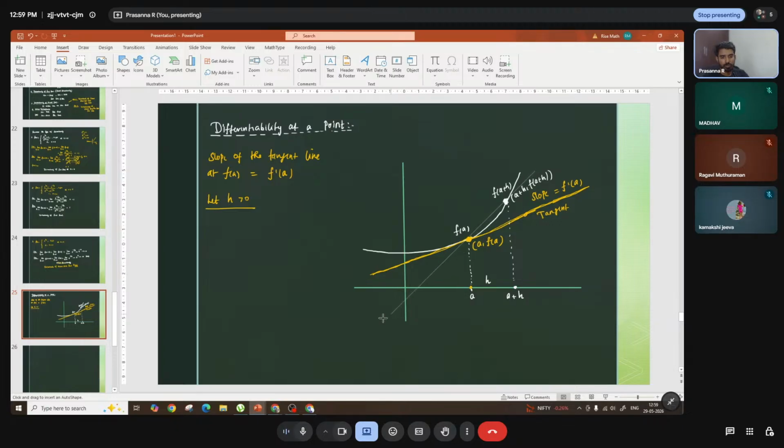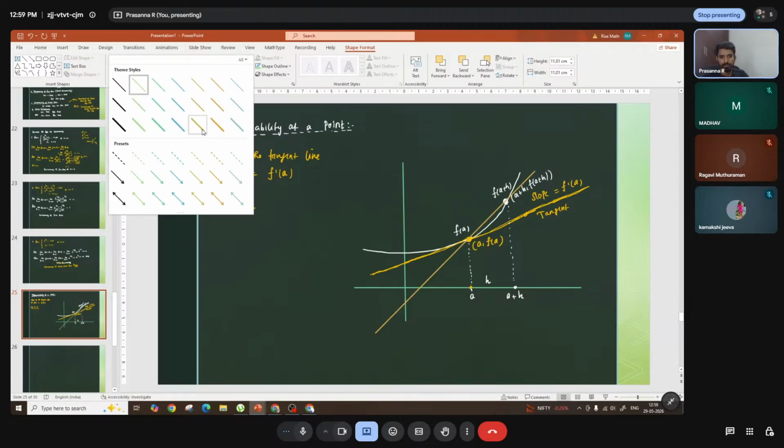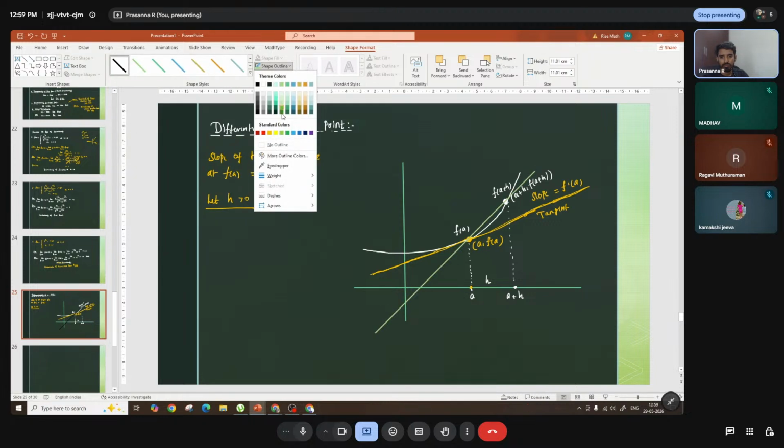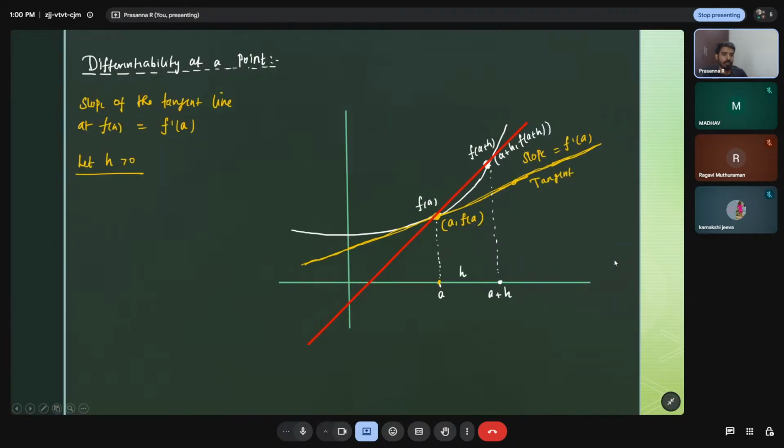So I'm going to connect these two points, and this red line is called the secant line.